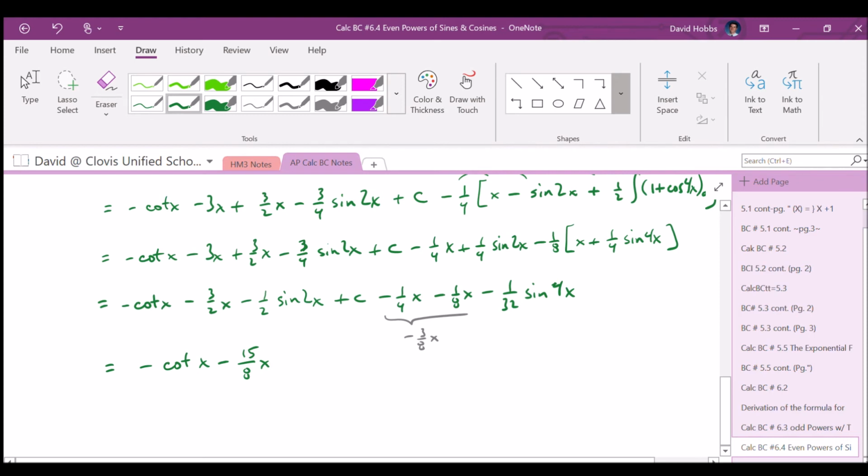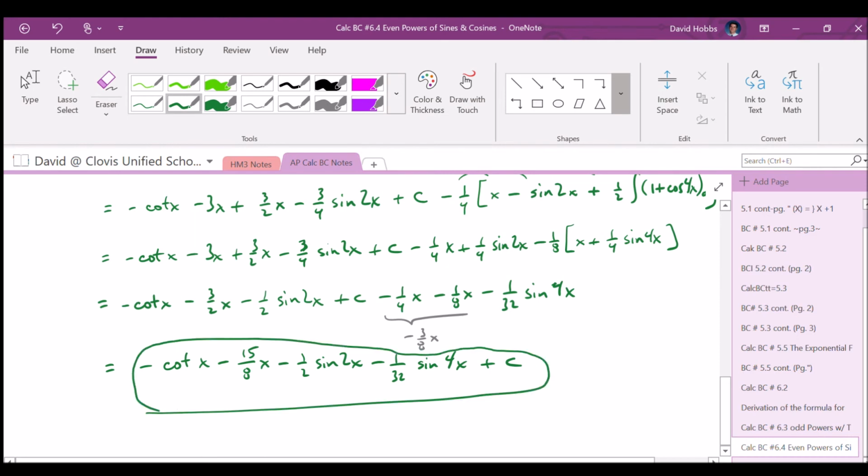The sines are not like terms, so I've got negative 1/2 sine of 2x, negative 1/32 sine of 4x, and don't forget the plus C. Okay, so that's the second one.